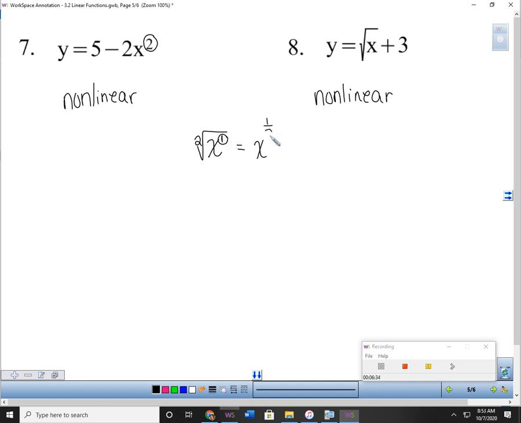And is that a power of 1? No, it is not. All right, so that's why that makes it nonlinear. So to be linear, you have to have one x that has a power to the first power. You can't have a second power, a third power, a 1/2 power, a 1/3 power. No roots in there, okay? And that's pretty much it.